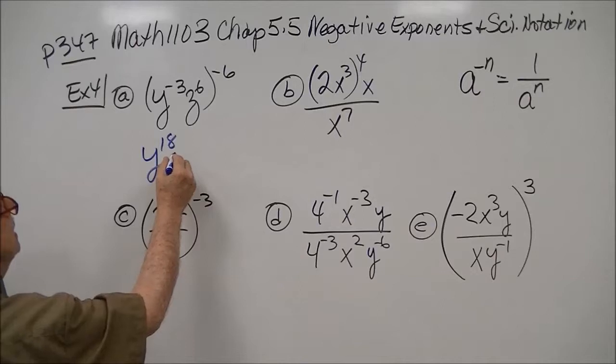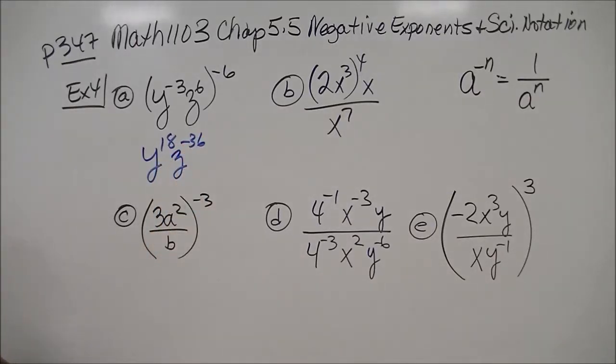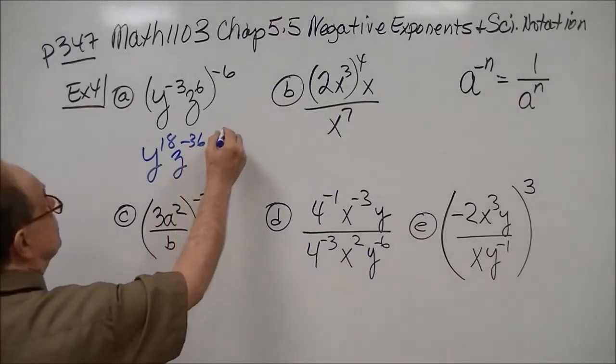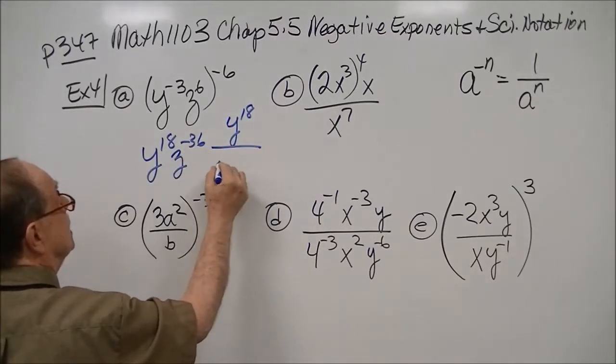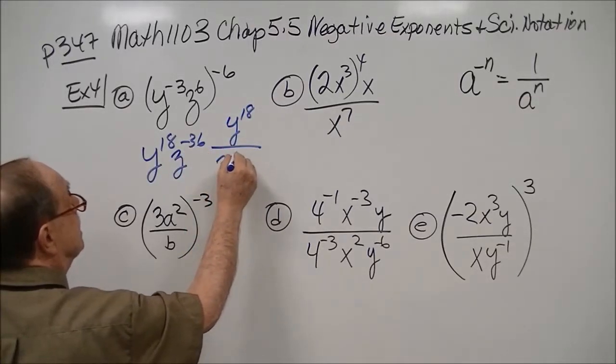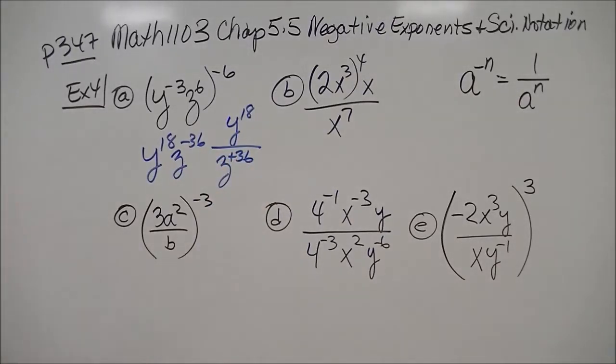This is going to be z to the -36. But they want only positive exponents, so we have to rewrite it as y to the 18th over, now bring this down, z to the 36, not negative. We brought it down, it became positive.